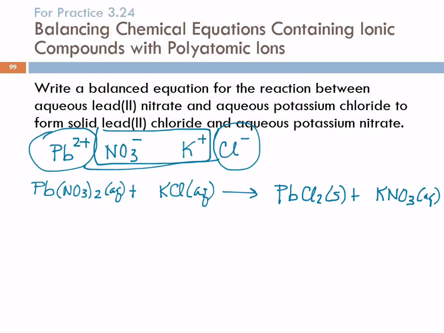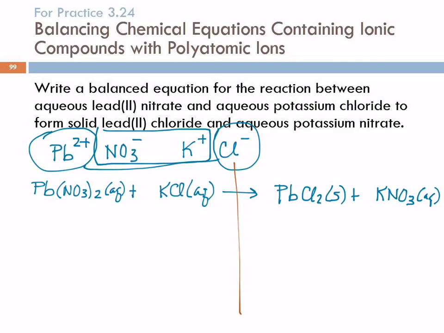Okay, so here we have nitrate, NO3, and over here we have nitrate, NO3. It didn't come apart. Sometimes it will, but mostly not. And so I'm going to look at this as a unit. So let's do this tally method again. I'm going to draw a line here.